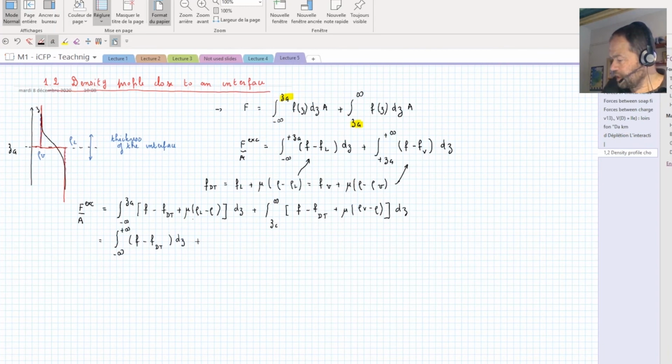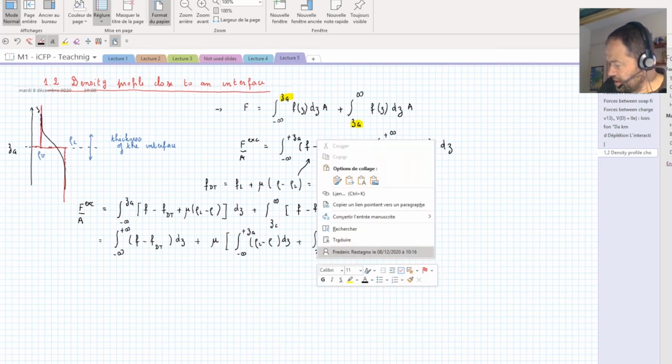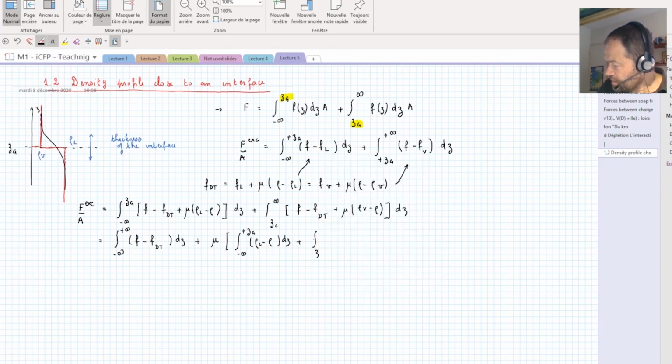Plus, you see that you have mu times the integral from minus infinity to z_G of (rho_L minus rho) dz plus the integral from z_G to infinity of (rho_V minus rho) dz.